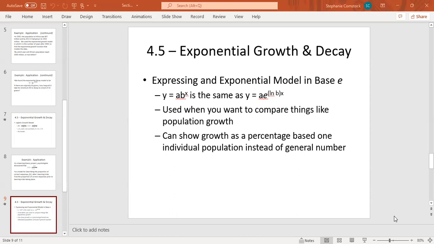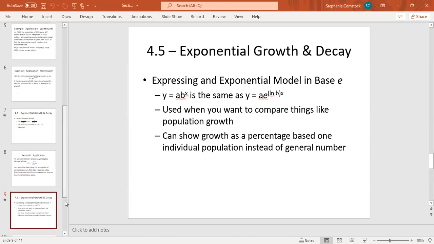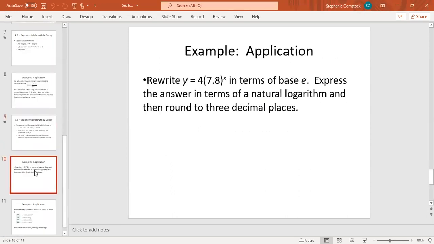But in Luxembourg, it would probably be a larger percentage. So instead of trying to compare what 1 million people and 1 million people looks like, we are going to set these up so that we see how a population is growing comparatively to itself. Before we get into one about countries, let's talk about just one in general.